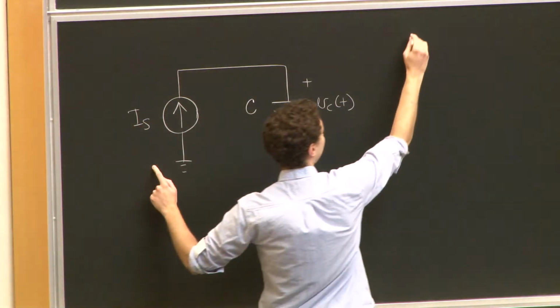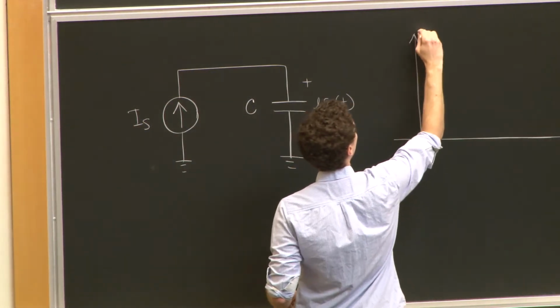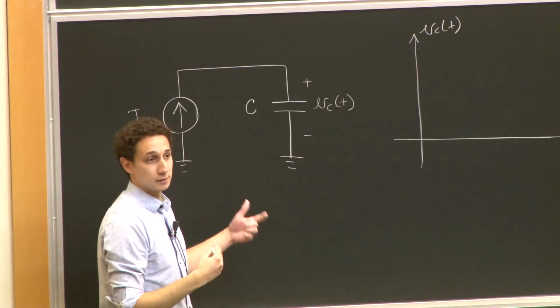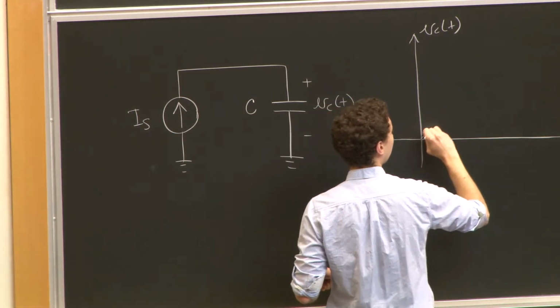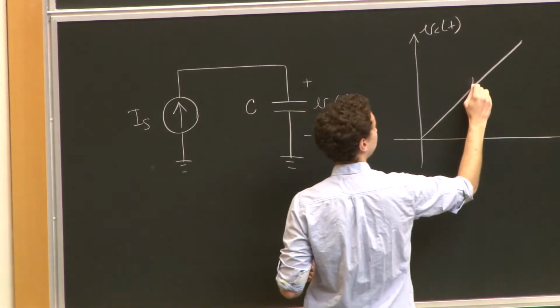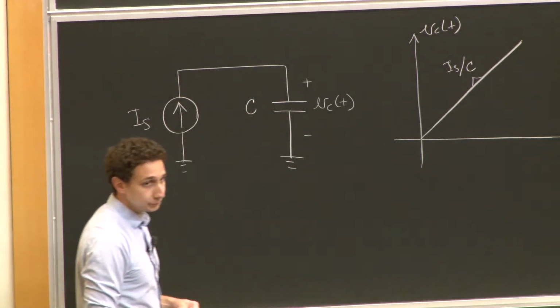We found out a couple of times now the voltage on this capacitor, assuming that we have 0 charge at time 0, it's just my initial condition, will increase. And the slope will be the current divided by the capacitance. Okay?